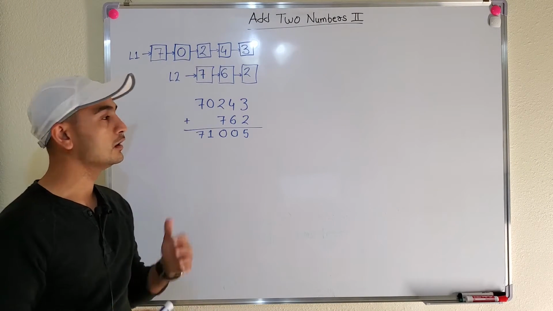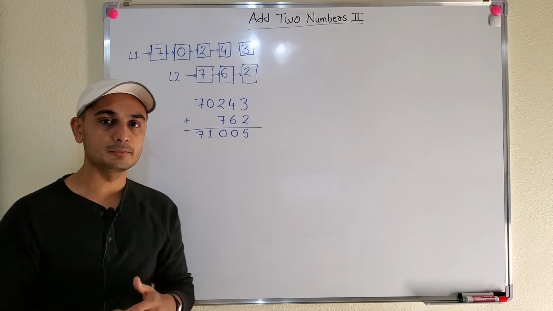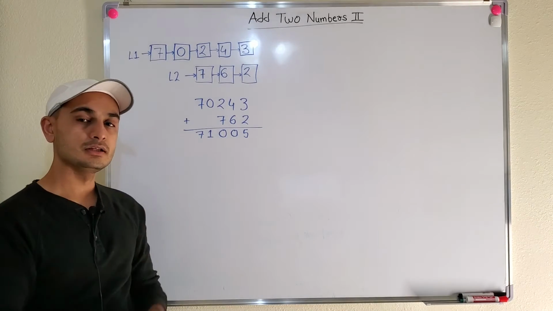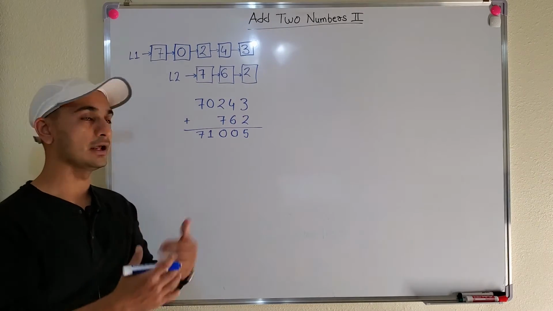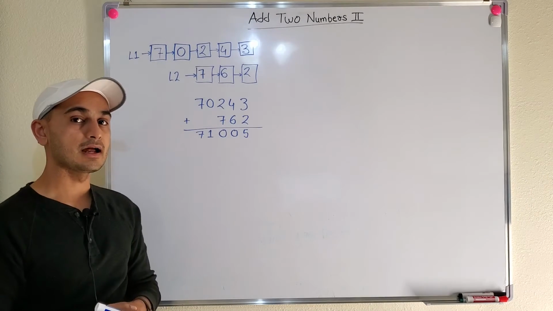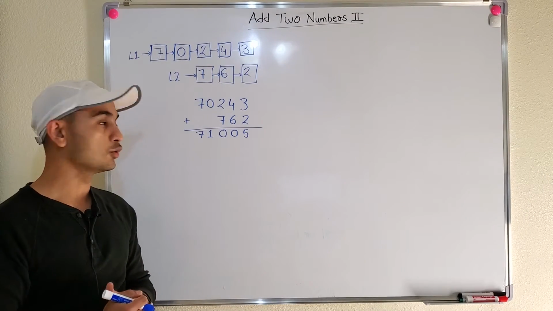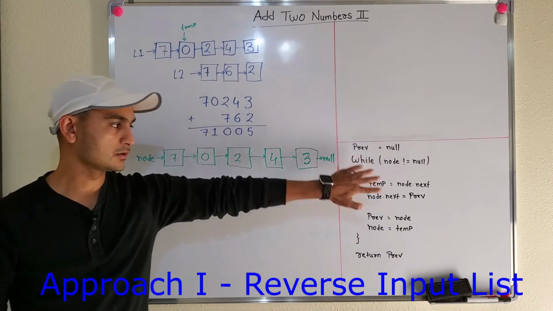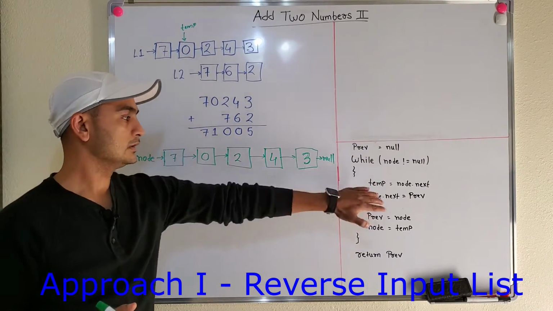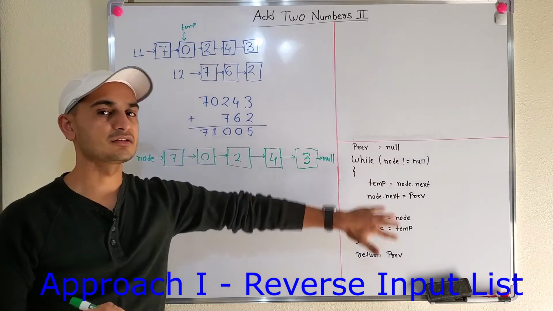So one way to solve this problem is to think about reversing the list. How does that look? Let's see how the reversed list looks and how we'll actually do it in code also. This is our short code to reverse the list. Let's run this code on this list so we better understand it.